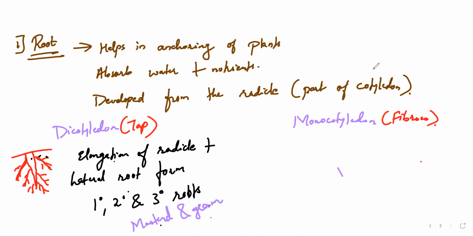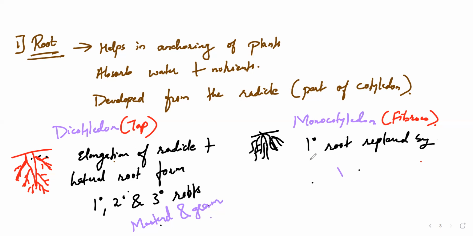Whereas in monocotyledons, it is fibrous. Fibrous means how it will be? Simply a bunch of roots like this you will be having. So this is what fibrous roots means. Here the definition will be the primary root is replaced by large number of roots at base of the stem.